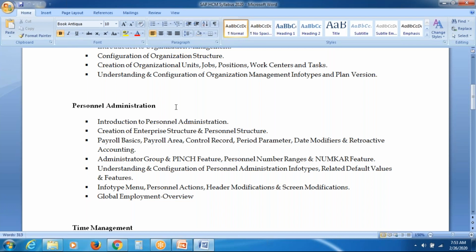The administrative related activities are hiring an employee, changing the position of an employee, transferring an employee from one location to another, promoting an employee from a lower position to a higher position, or terminating an employee, executing the relieving or firing formalities.